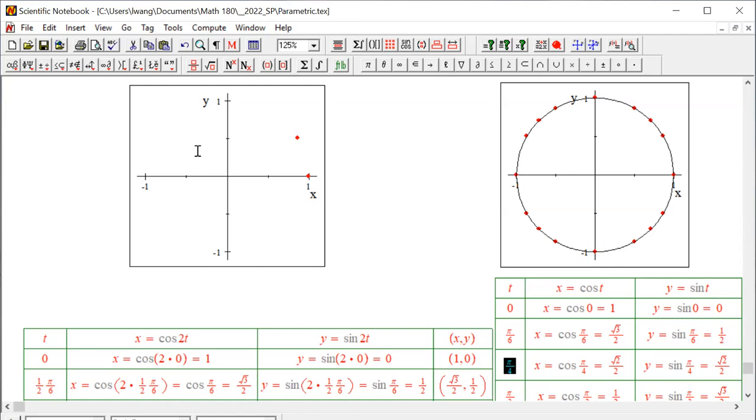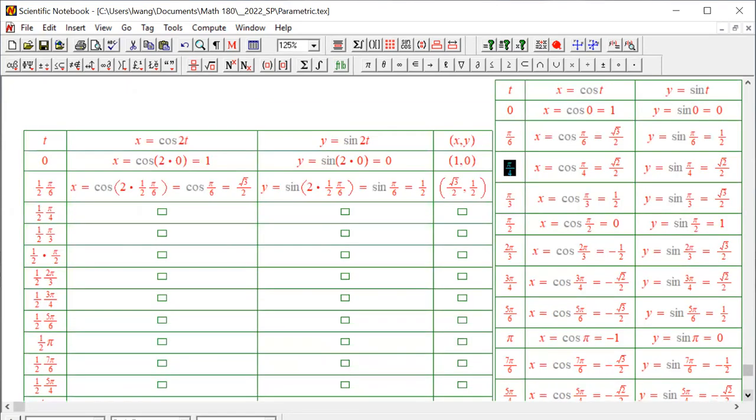So the particle traveling on the trajectory of example number 4 is twice as fast. So let's look at a few more examples to explain what I meant.